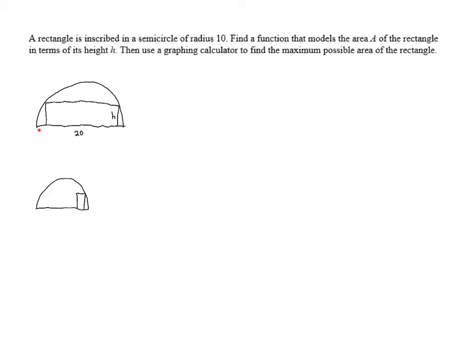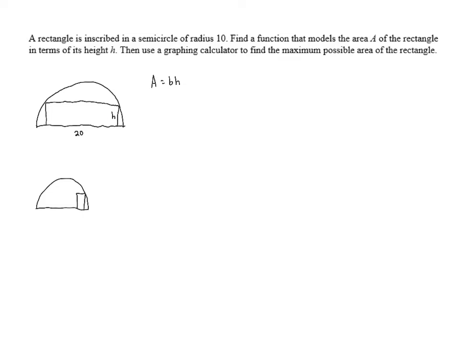Now, 20 represents the diameter of the circle, not the width of the rectangle. We know that the area of a rectangle is the base times the height, or the length times the width, whichever we want to use. And so we need to figure out the width or the base of this rectangle.